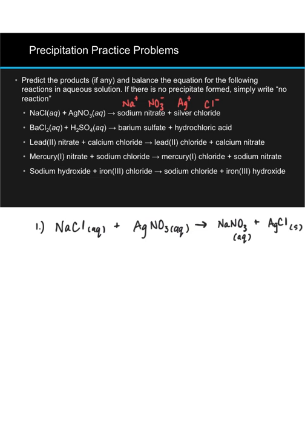For reaction number 2, barium chloride reacts with sulfuric acid, H2SO4, both of which are soluble in solution, to produce barium sulfate and hydrochloric acid. Barium sulfate must have a chemical formula that comes from barium with a 2+ charge and sulfate with a 2- charge.